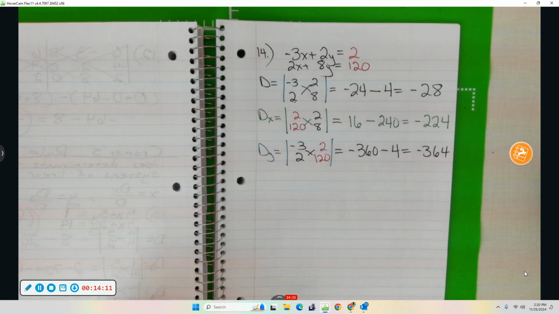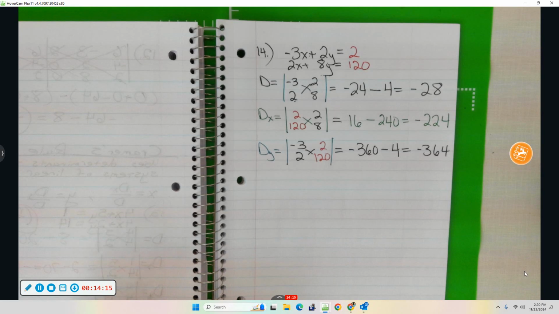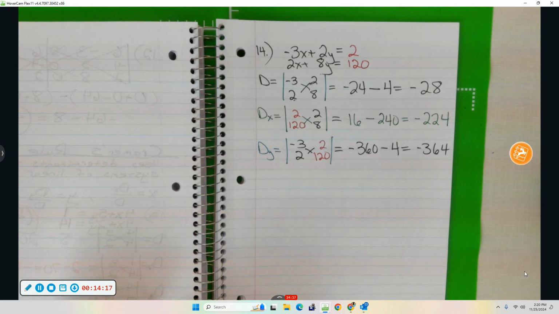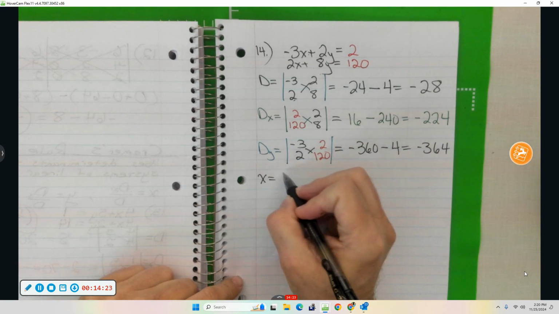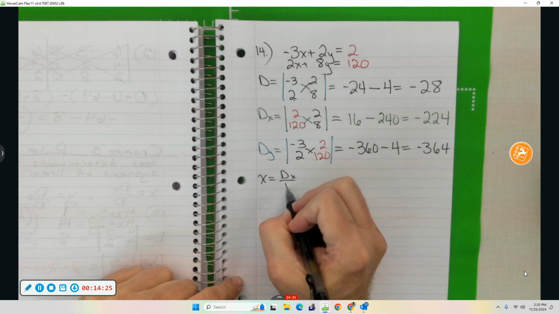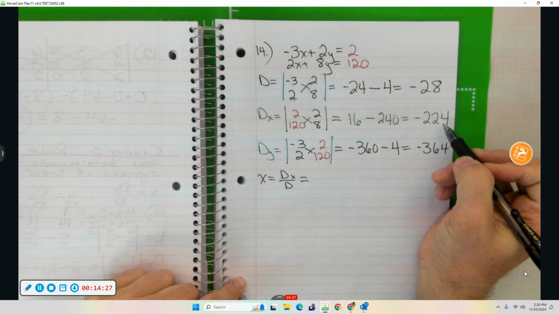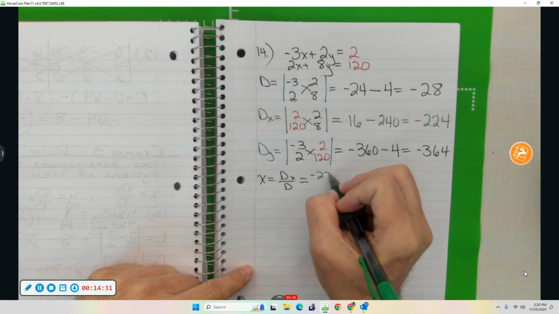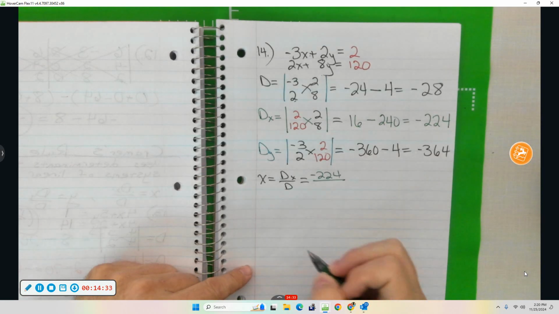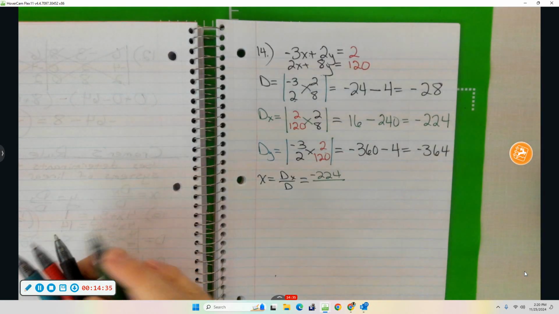I didn't remember that these answers were so messy. I'm glad we're using Cramer's rule. I don't think we have a fraction. I think this works out without a fraction. Okay. Now, Cramer said x is equal to d sub x divided by d. So that's a negative 224 divided by negative 28.